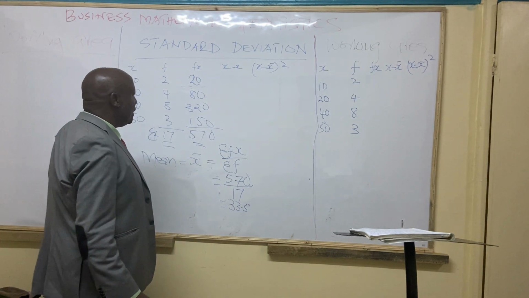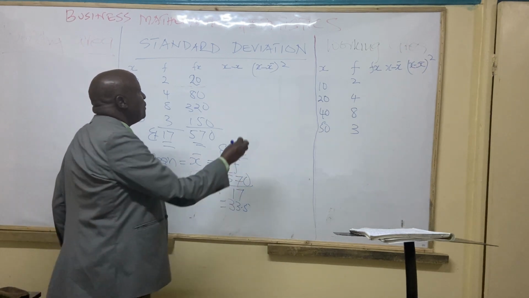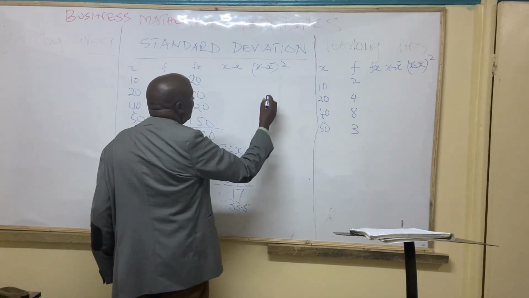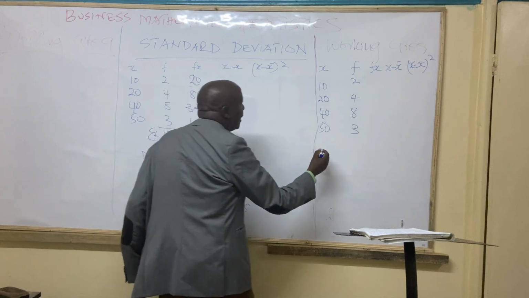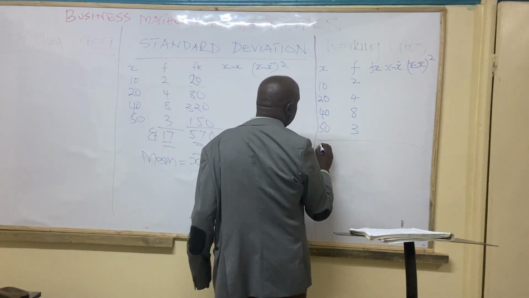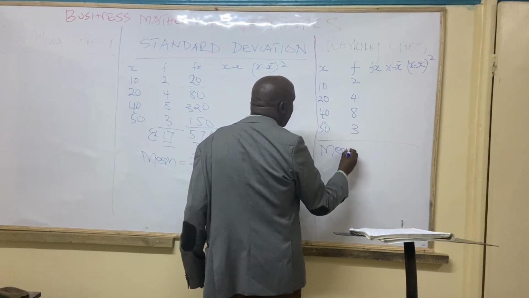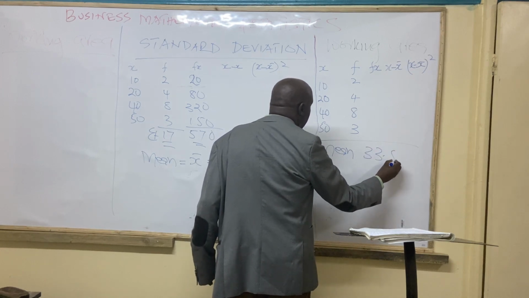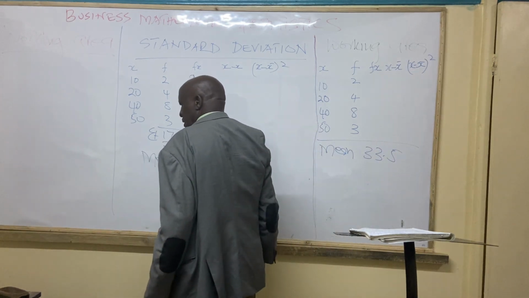That is our mean. So our mean here is 33.5.